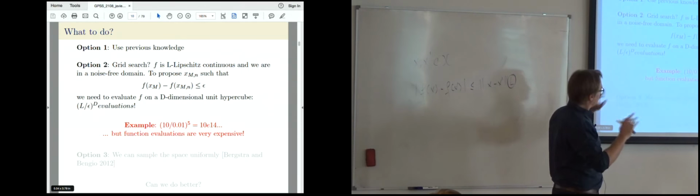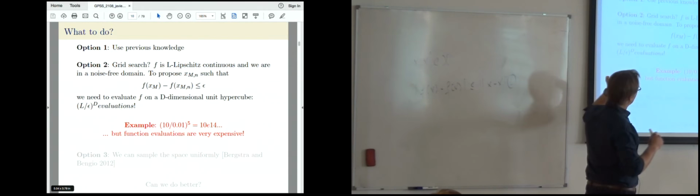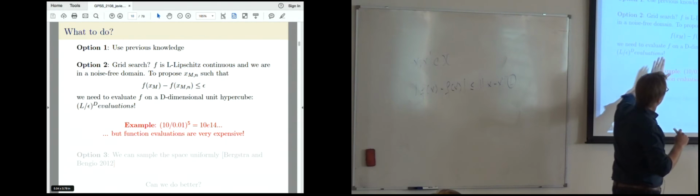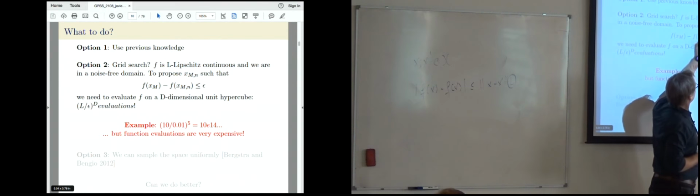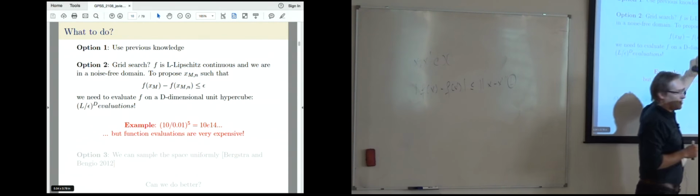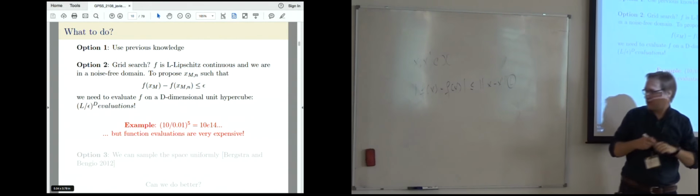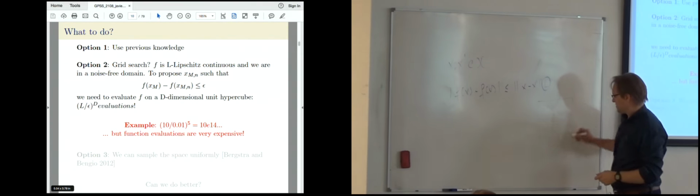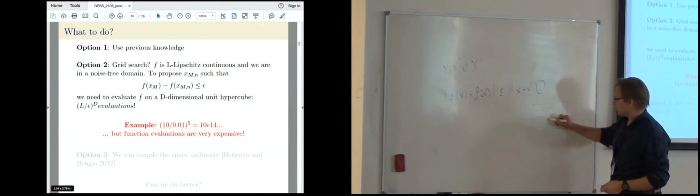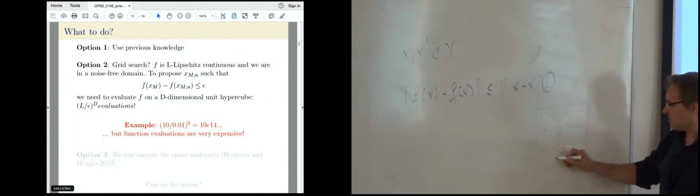So look at this example. So what this is telling you is that if you have a Lipschitz function and you propose a number of evaluations and you compute the minimum of those evaluations doing your grid search, and most of you know what I'm talking about, right? So you have your grid search.